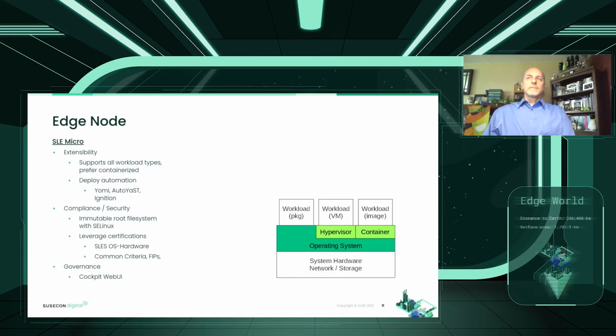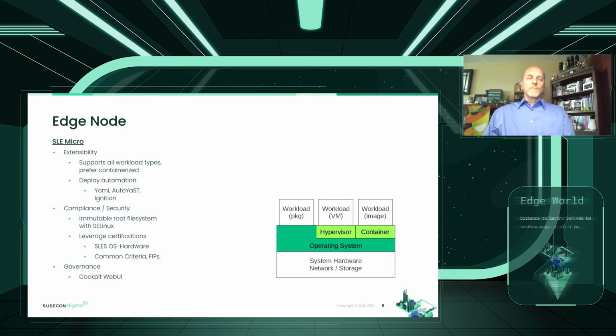It is an operating system, and it gives you the ability to run any kind of workload, whether it's more traditional, like installing a package and just running it on the bare metal node, or utilizing a hypervisor and creating a workload that's a virtual machine, or a container image that's running on top of this operating system, or, as you'll see later, a way to orchestrate lots of container workloads. But you have that extensibility that you can support any of those workload types.